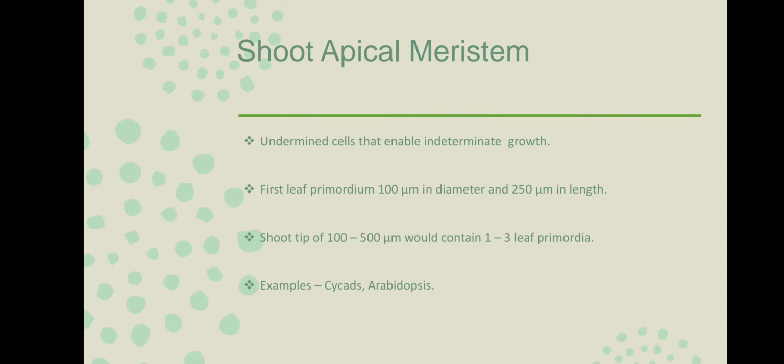The size, shape, and organization of the shoot apical meristem depend on various parameters. If we take a plant and look at the size of the shoot apical meristem, or the shape and organization of its cells, it depends on a number of factors.